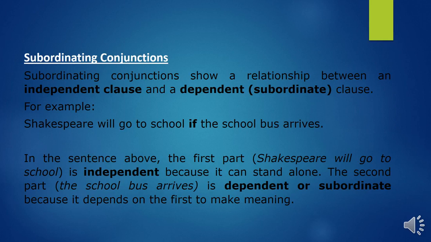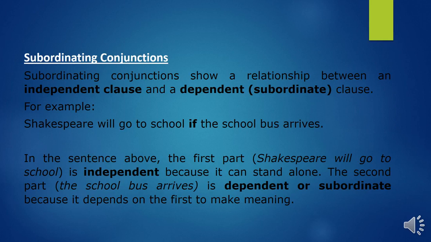But when subordinating conjunctions join an independent and a dependent sentence, it is a complex sentence. An example of a complex sentence is: Shakespeare will go to school if the school bus arrives. So "if" is an example of a subordinating conjunction.